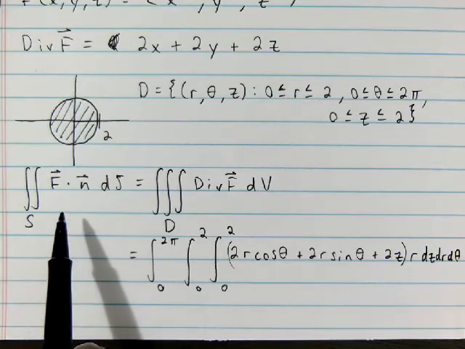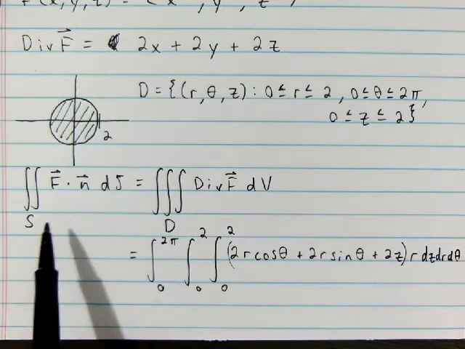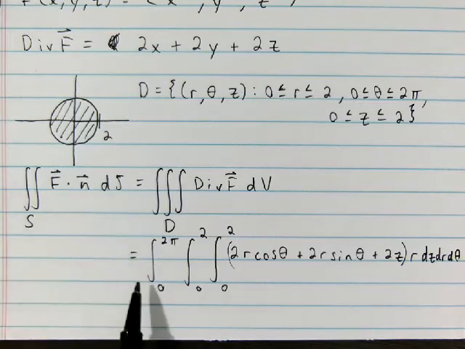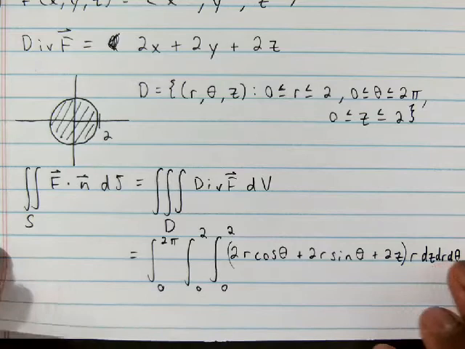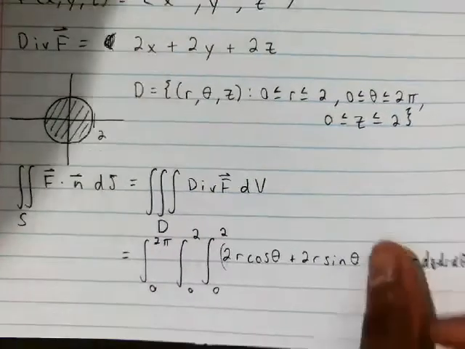You would then have to evaluate those three surface integrals over those three surfaces and then add them together. The divergence theorem makes that much faster. You don't have to parametrize any surfaces at all when you're using the divergence theorem. All right, so next, number 23.